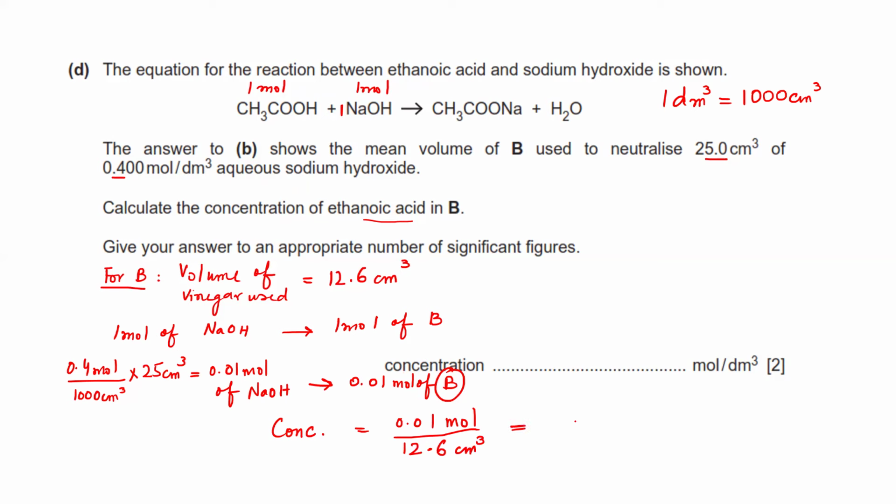This will give me concentration in mol per cm³, and I have to further divide by first calculating: 0.01 divided by 12.6.